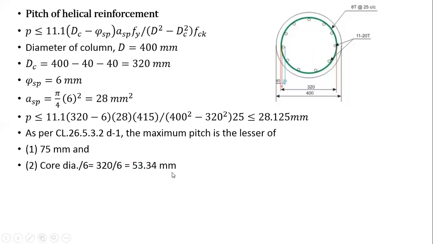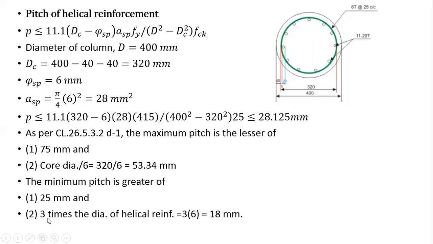Next, the minimum pitch is the greater of number 1, 25 millimeter, and number 2, 3 times the diameter of the helical reinforcement.